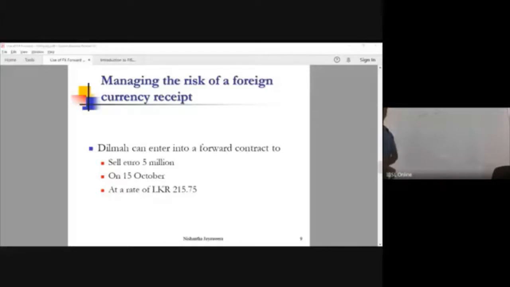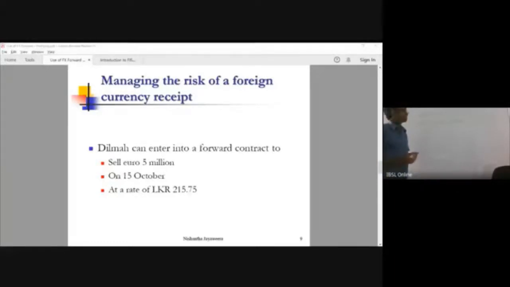What's the risk? Today, the EUR LKR exchange rate is 210. What is the value of euro 5 million in terms of rupees?